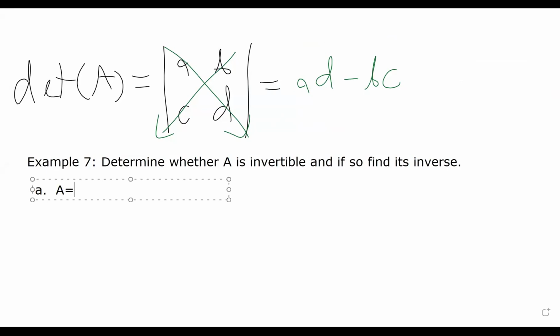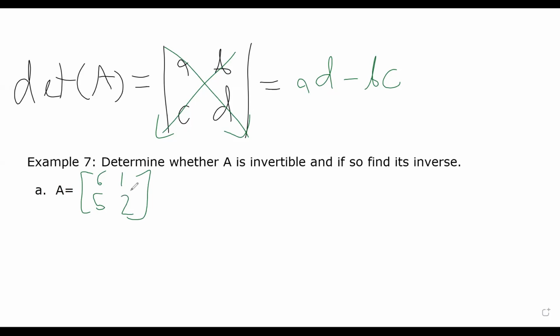The matrix A is equal to the matrix 6, 1, 5, 2. So that's our matrix; 6, 1, 5, 2 are the entries.